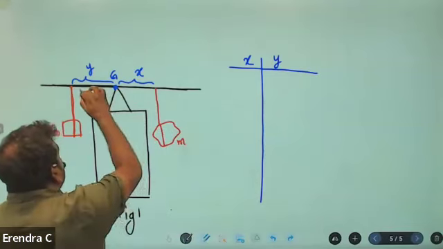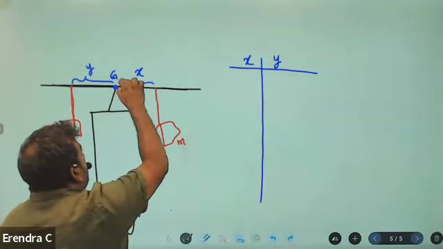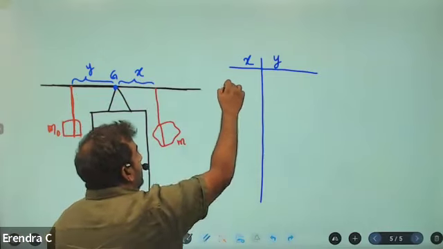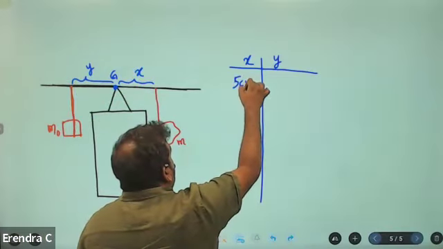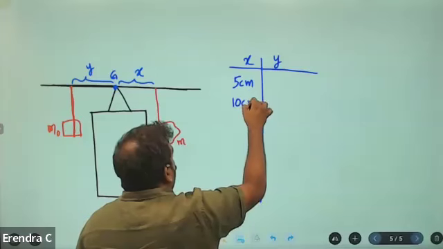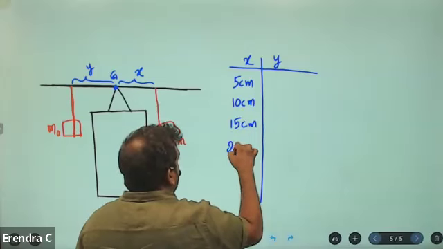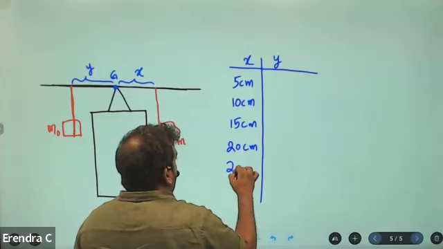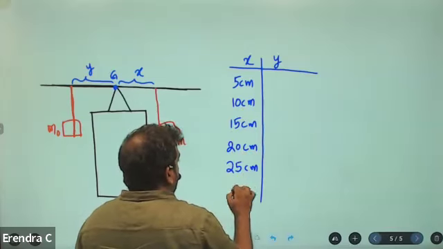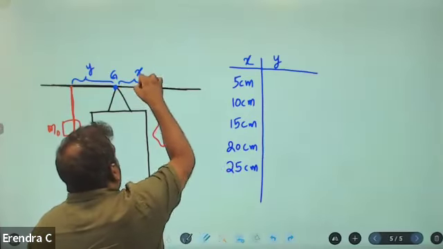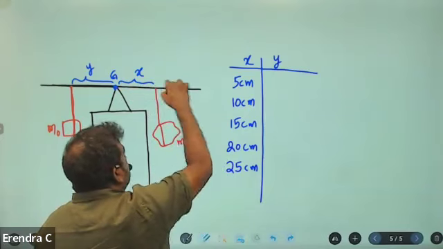Okay, next point. We change the unknown weight in equal intervals of 5 centimeter from the knife edge. 5, then 5 means 10. Understood?